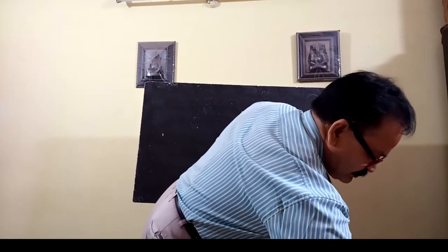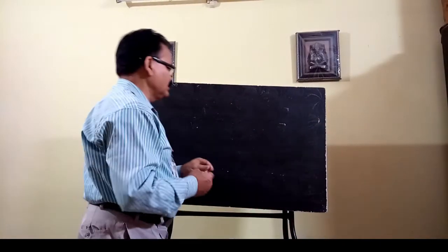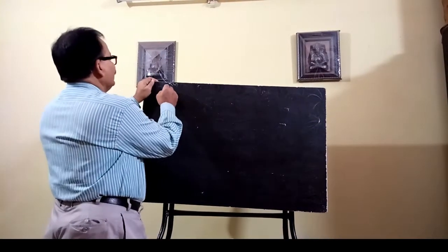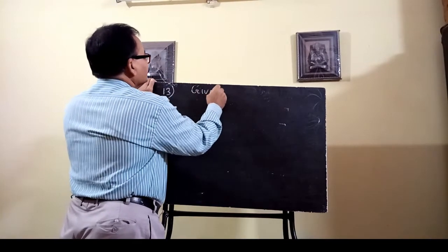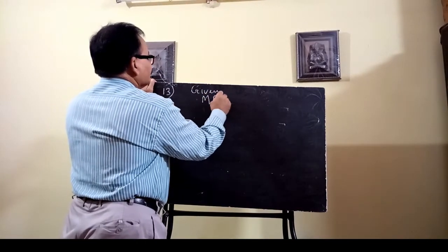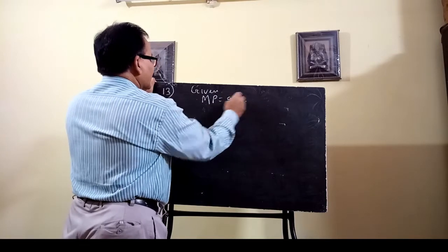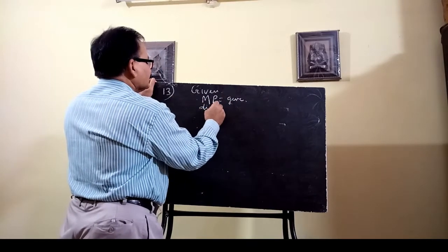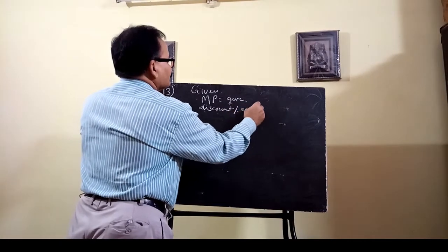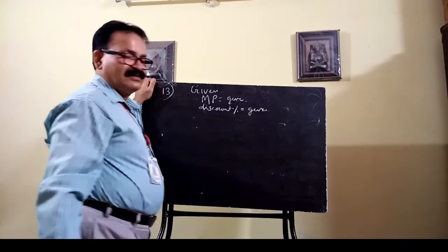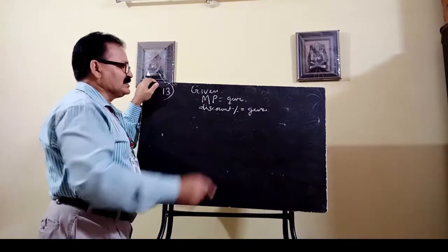Now, suppose, let me take the chalk. That is formula 13. Suppose the given part is MP is given and discount percent is given. MP is given, discount percent is given.